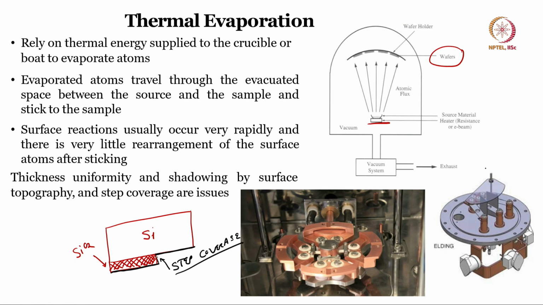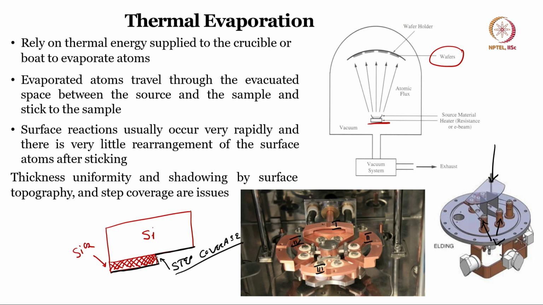This particular slide shows a shutter here, and electrodes for applying voltage. These are the sources: 1, 2, 3 and 4. Four different sources can be operated using the thermal evaporation technique.